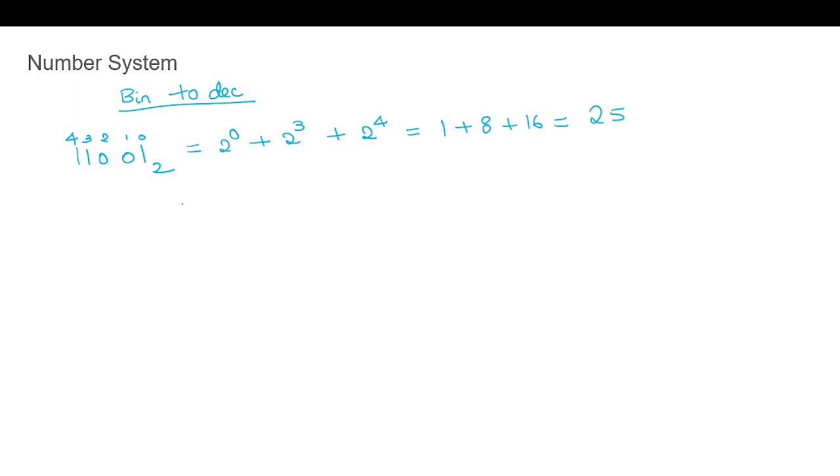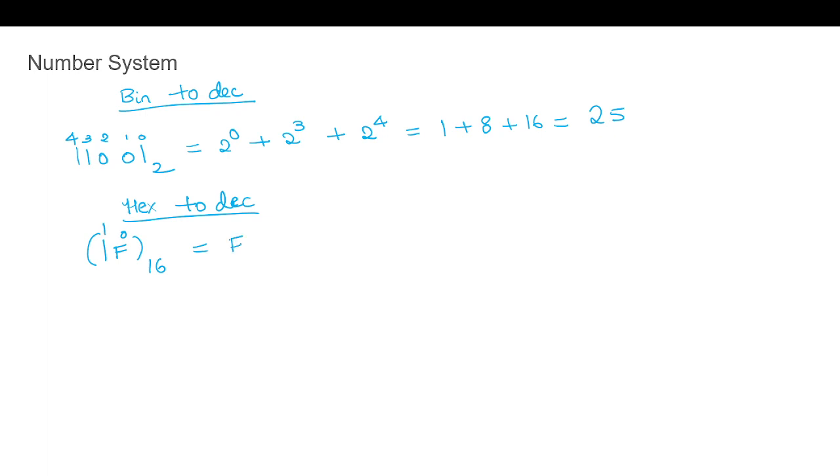So if you want to convert a number from binary or any number system to decimal, we multiply with the place value. Let's convert a hexadecimal number to a decimal number. If you take 1F in hexadecimal, then again we take the place value.